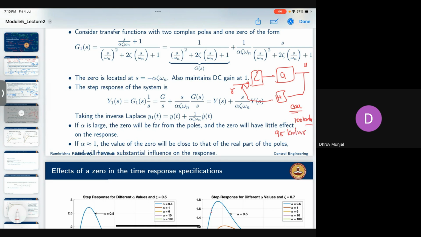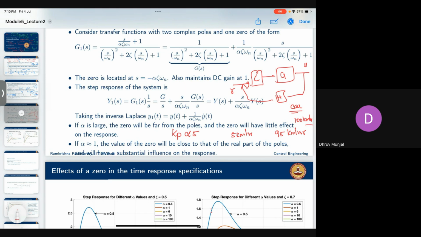I want to ride at 100 kilometers per hour, but the feedback speedometer is showing 95 kilometers per hour. Now the difference is 5 kilometers per hour, right? So I introduce a controller inside so that it will generate a control action KP that is proportional to this value of 5 kilometers per hour.